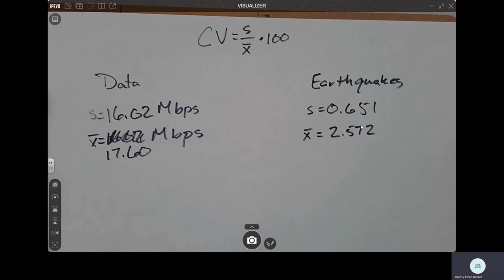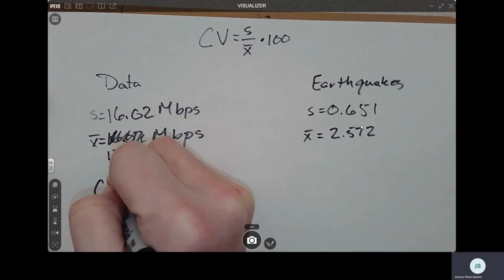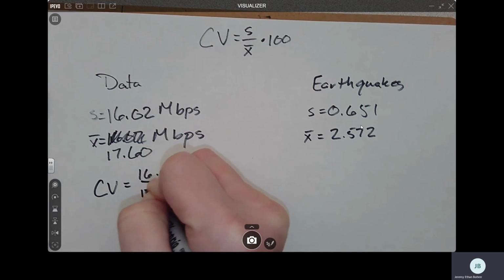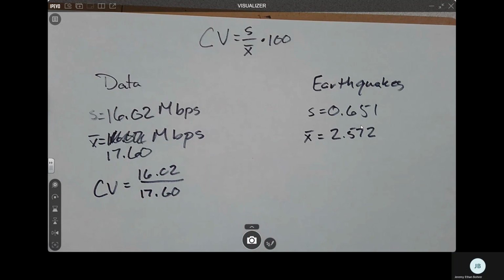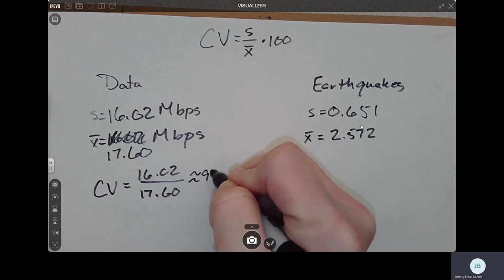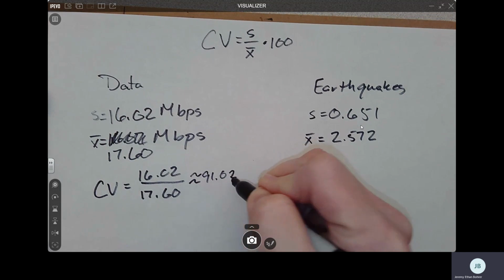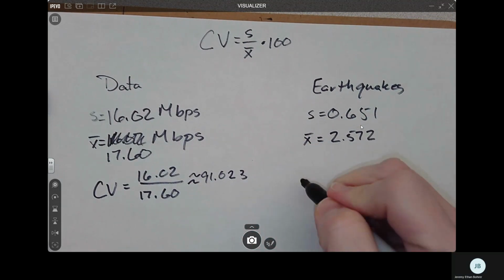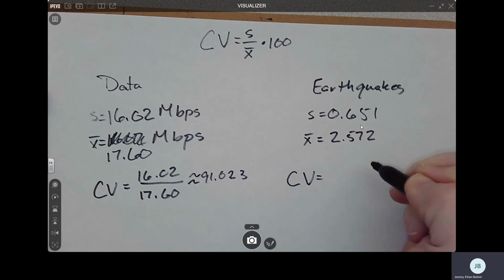Okay, so that's going to be 16.02 divided by 17.60 times 100, or about 91.023.